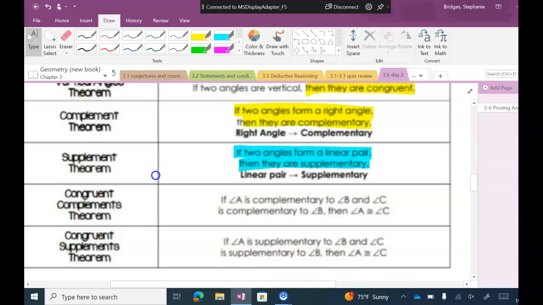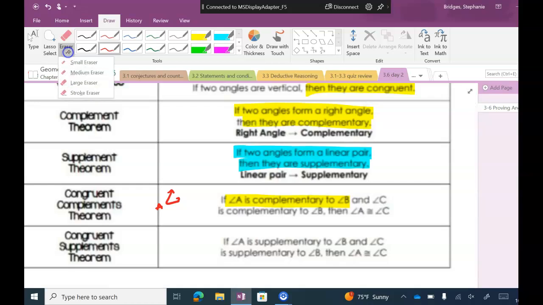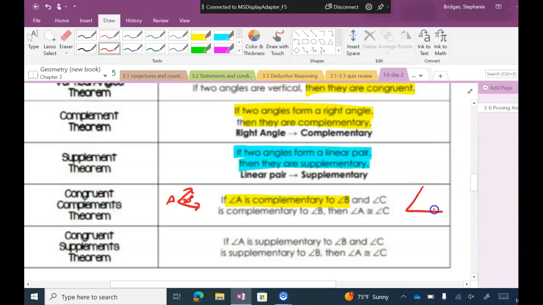And then again, these last two, I don't necessarily refer to them as these names when I'm writing my reasons in my proofs. The congruent complements theorem basically says that if angle A is complementary to B, okay, so let's do this. Let's say that we have angle A here, and that angle is 20 degrees, and then I have angle B, and I say that is 70 degrees.